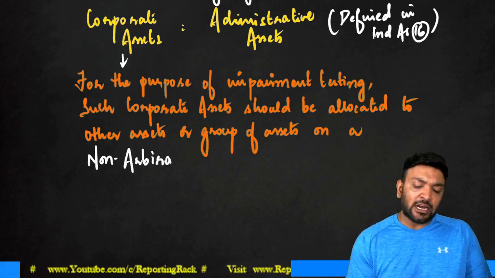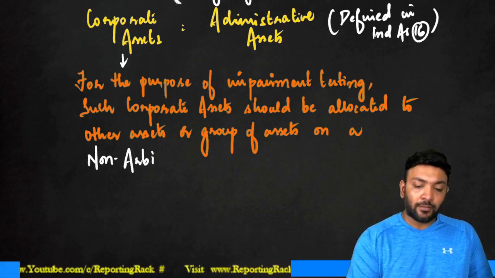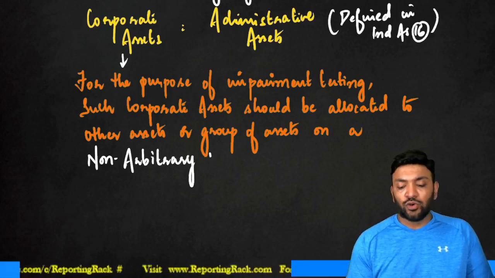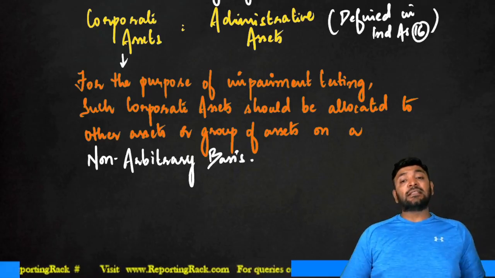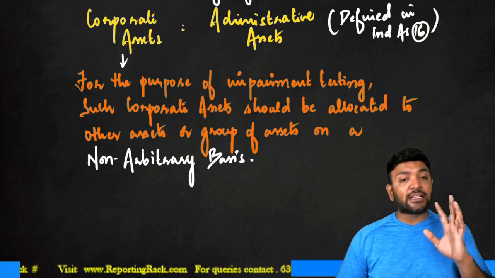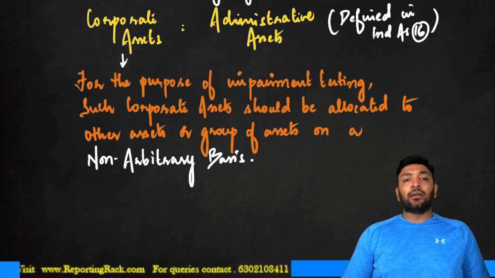Again, the same words used under goodwill: non-arbitrary basis. That means there is no management discretion. We have discussed this term non-arbitrary basis. So therefore, allocation should happen for corporate assets.